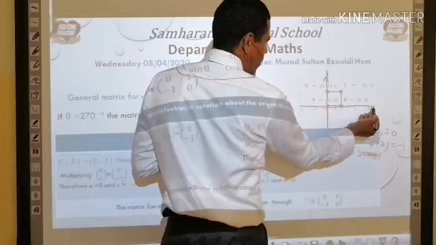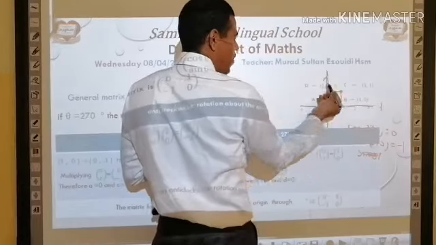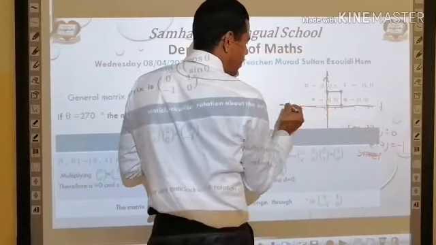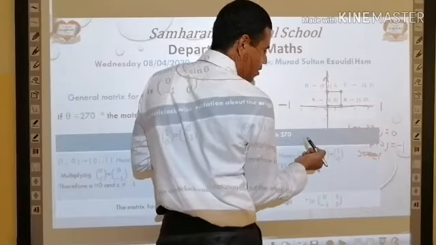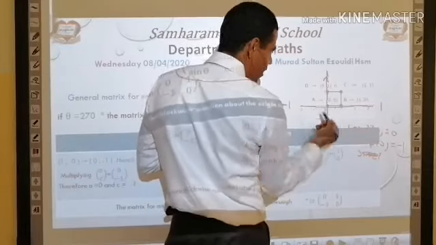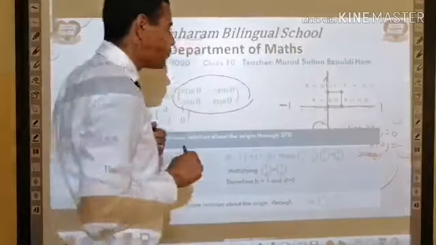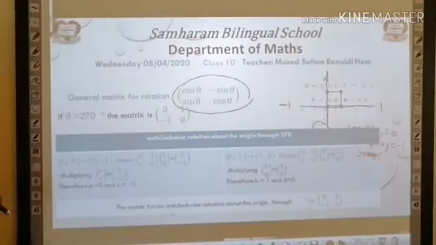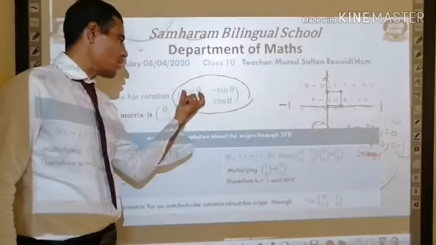Cosine of 0 is 1. Cosine of 180 is negative 1. Cosine of 270 is 0. But sine of 270 is minus 1. Here we substitute theta equal 270 degrees in this trigonometric function.